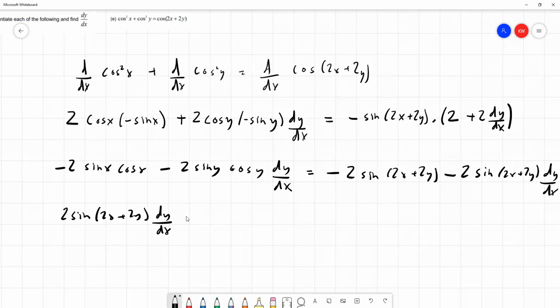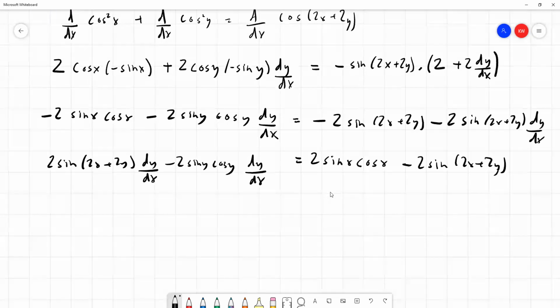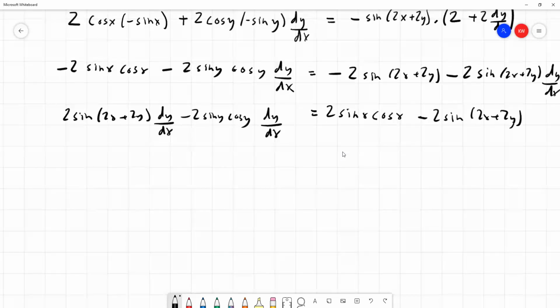And I'll add the 2 sin x cos x term to the other side because I don't want that over here. We'll keep our 2 sin y cos y term because it's got a dy by dx term in it on this side. And we'll keep our minus 2 sin of 2x plus 2y term over here because there's no dy by dx. Now, having done probably the hard part of this problem, we do the bit we always do at this point.